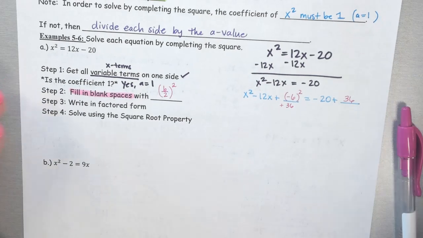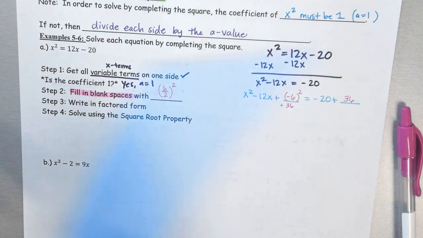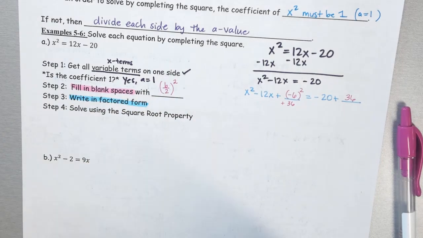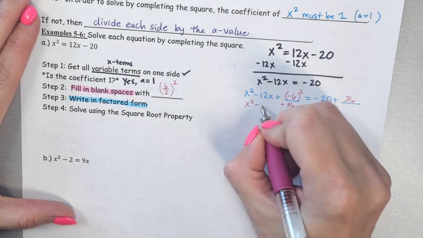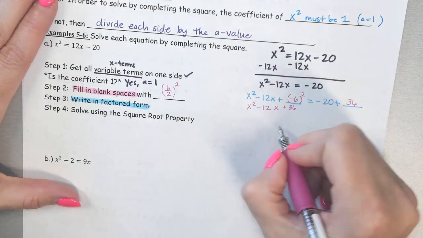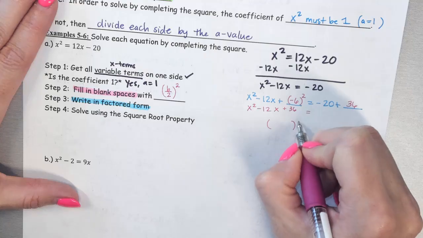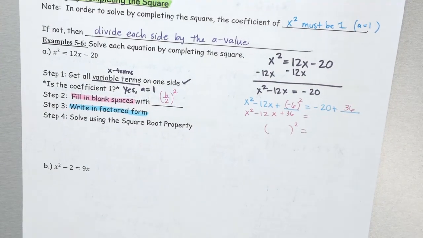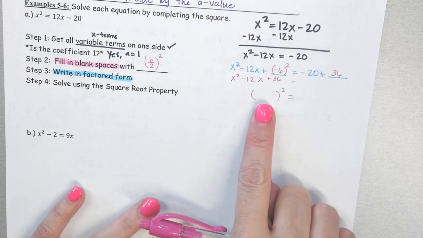And then we are going to write this in factored form. What you have is x squared minus 12x plus 36. If you factor that, remember that this is going to be a perfect square trinomial. See if you can factor this side.